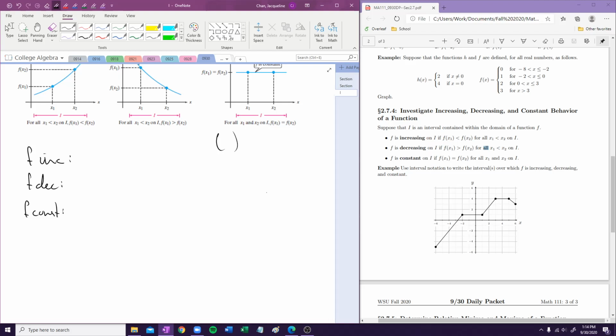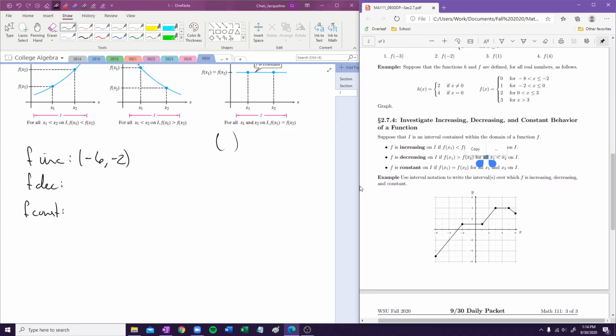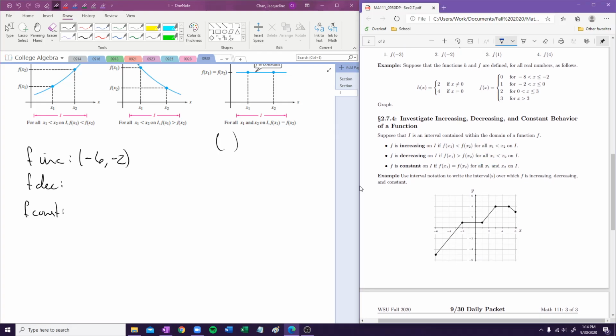We know that by telling them the x. So these are all the x values we are looking at. This one is from -6 to -2, so right here to here. That's the interval I was looking at. This is always increasing. No matter what x1, x2 I pick in this interval, it is increasing.